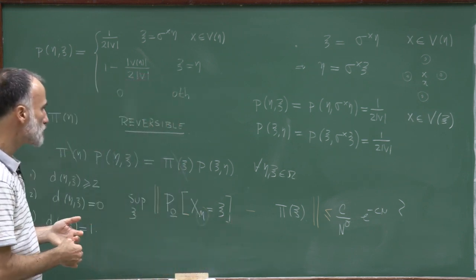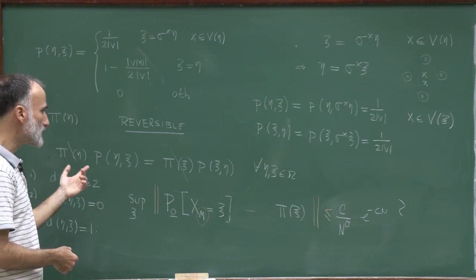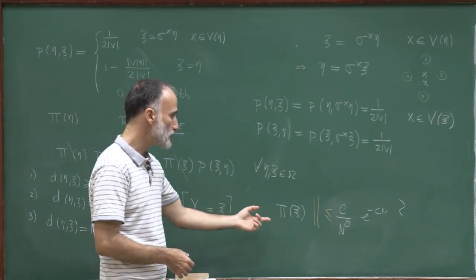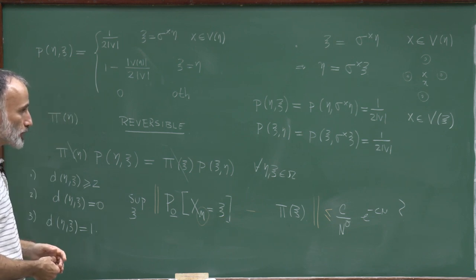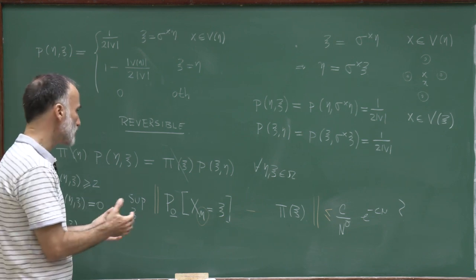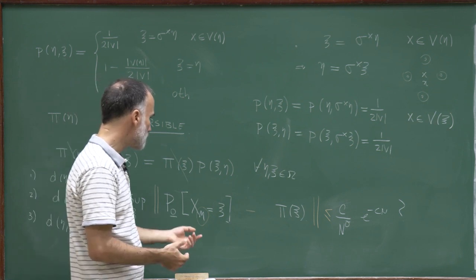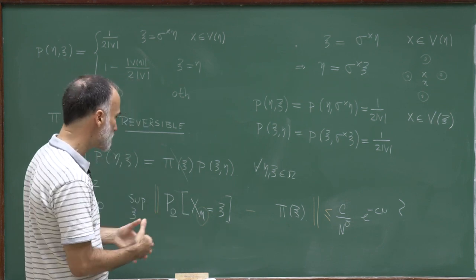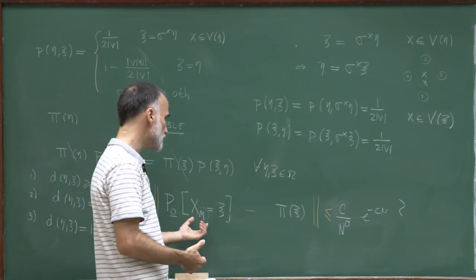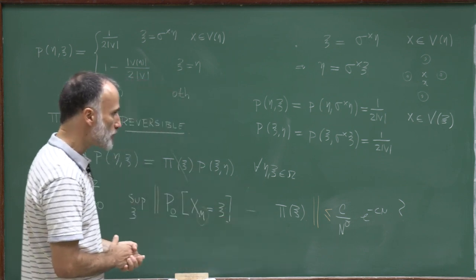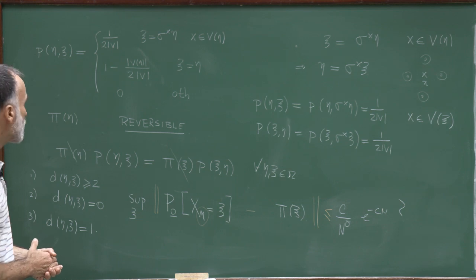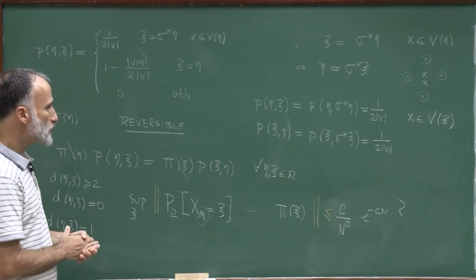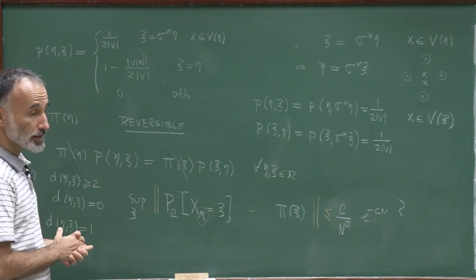Is there a certain type of dynamics which converges faster to the stationary state than others? Because that would make the algorithm much more interesting. If you have an algorithm which converges faster, you will use that one instead of one which converges slower to the stationary state. So these are the problems I wish to address in these lectures.